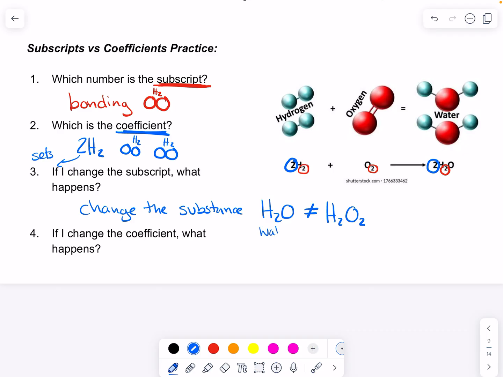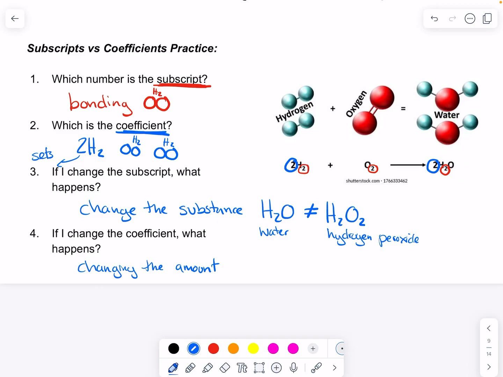This is water. This is hydrogen peroxide. Not the same thing. Okay? If you change the coefficients, then you're just changing the amount, which, once again, doesn't mean it will work, but you're not actually changing the chemical identity of it.